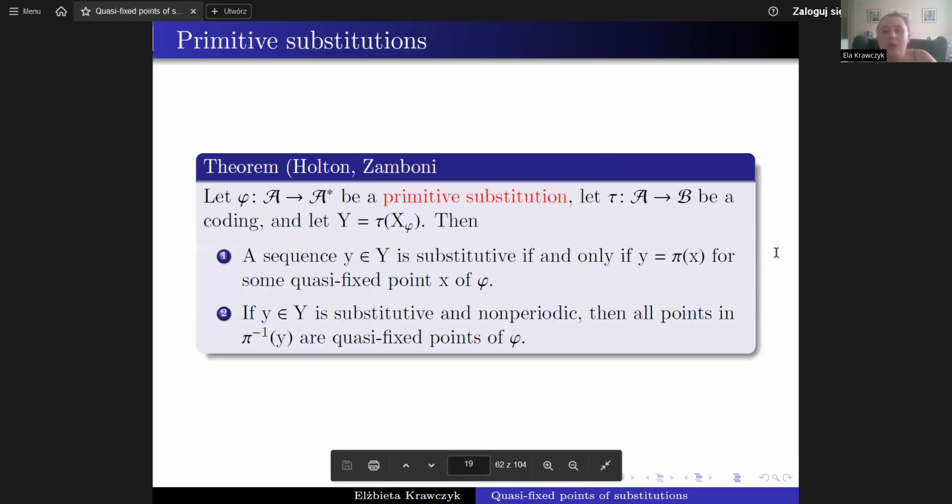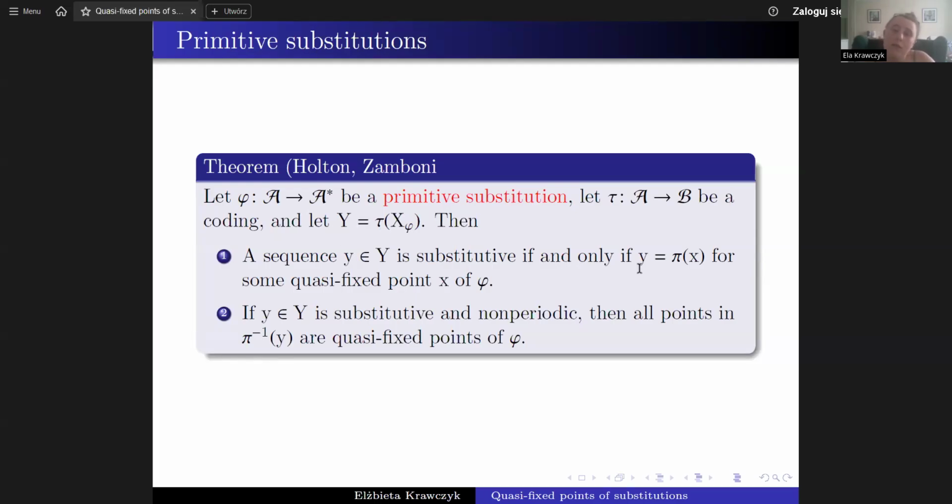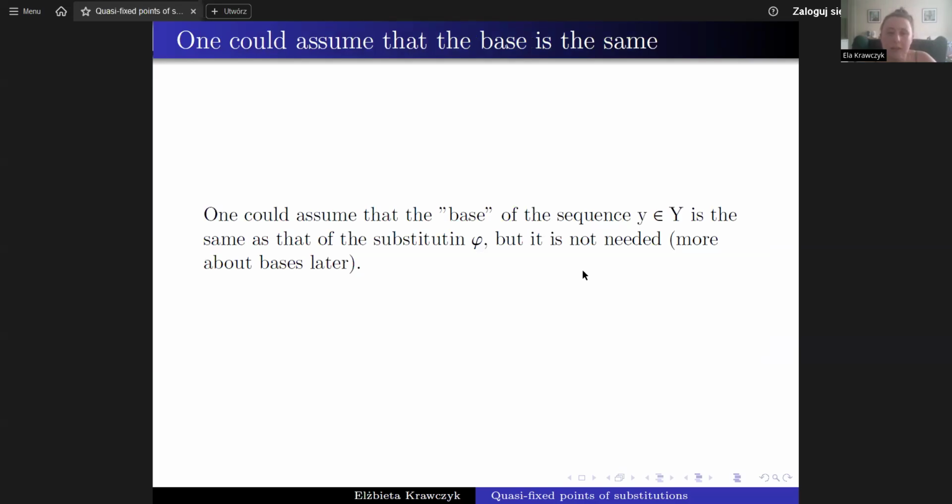So now, this was like a synopsis of what happens when I look at the substitution of constant length. So now what happens when I have primitive substitutions? So once again, I have the same statement. Now I assume that my substitution is primitive. I have some coding, and I want to describe all substitutive sequences in my system as these quasi-fixed points or codings of them.